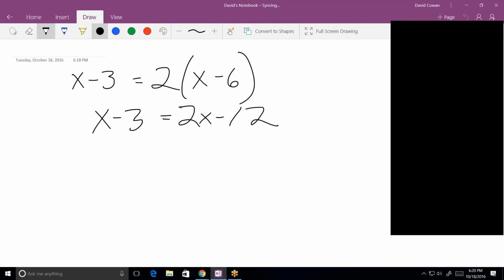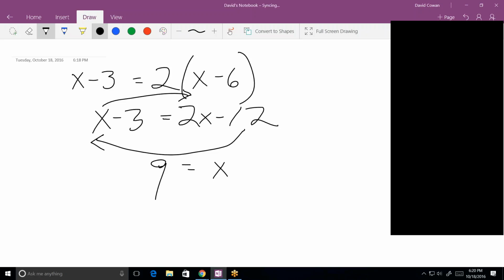Well, what if I take this x to the right side by subtracting 1x from both sides, and I bring this 12 to the left side by adding 12 to both sides? What do I get? I get x on the right, and I get 9 on the left.